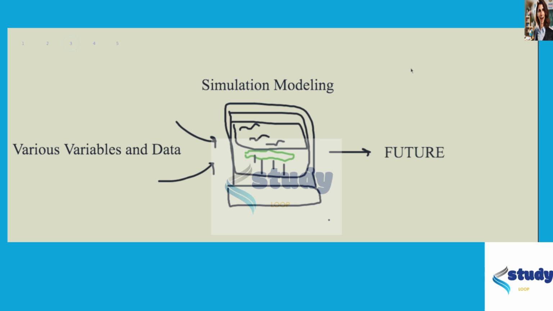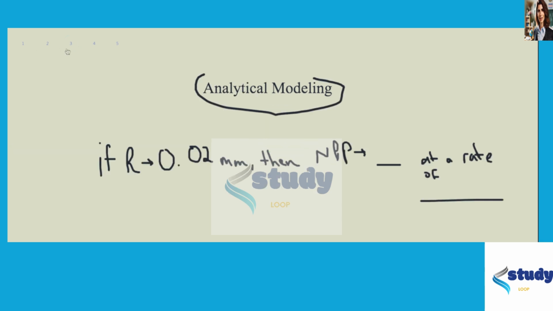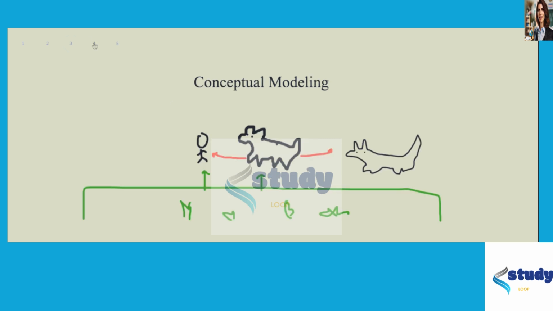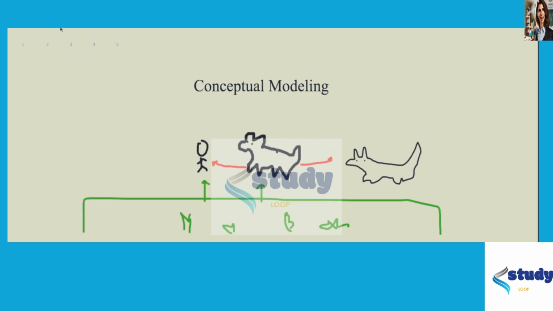Simulation modeling is basically using a computer program and kind of like a more complex analytical model to recreate the ecosystem as a computer program that you can input various variables and data and change them to see how the ecosystem might change in the future given different changes in external or internal factors. So that is not the answer that we're looking for right here.